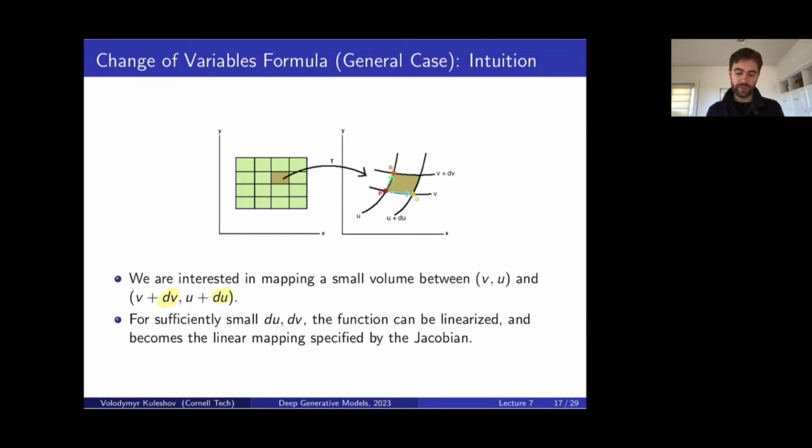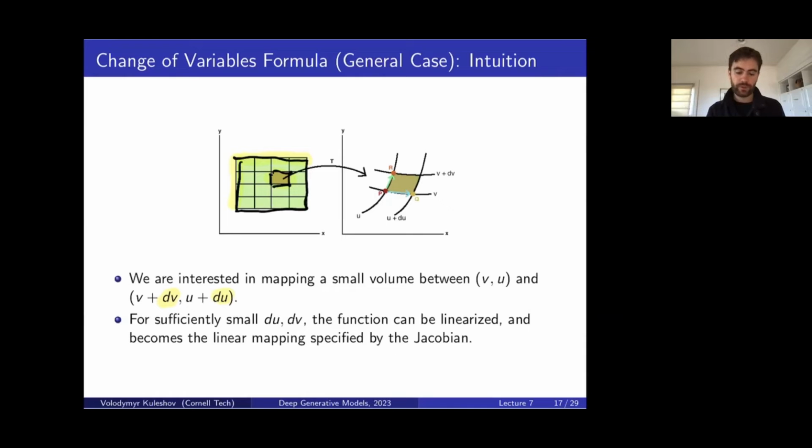And the adjustment factor for a parallelotope, so when we transform some kind of shape like this into another shape in a nonlinear way, we can approximate this by the transformation of a few small rectangles locally by a small linear transformation.